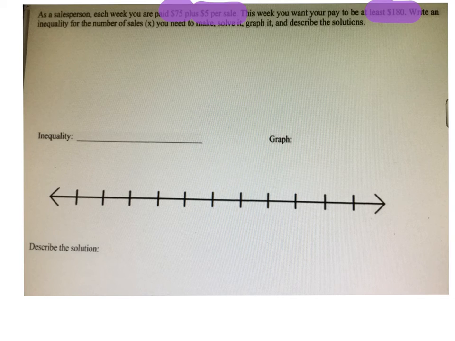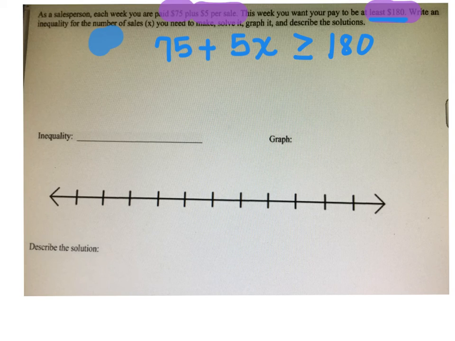First thing, I know I'm paid $75 plus $5 per sale, but I don't know how many sales I'm going to make. So I'm going to put $5 per sale, that's going to be X. I want my pay to be at least $180. That means I want it to be 180 or more. So I want this amount here to be over 180 or equal to 180.